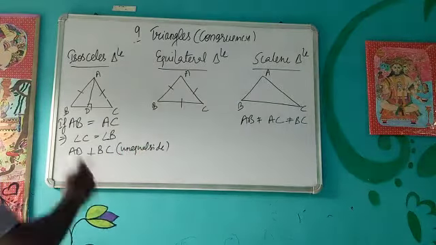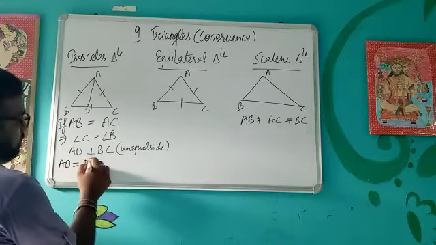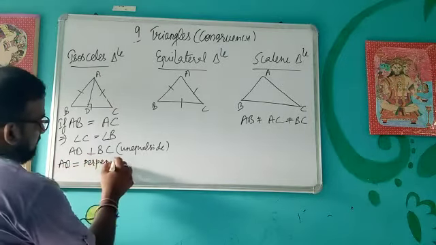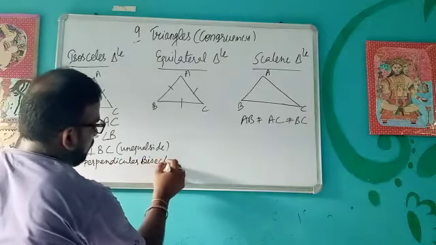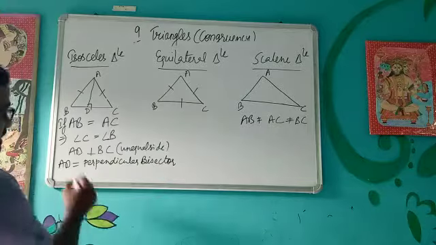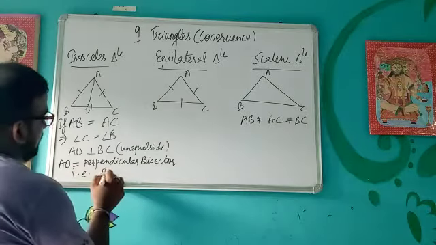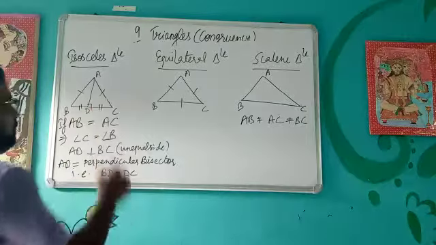If you drop a perpendicular to the unequal side, then what is AD? AD is a perpendicular bisector. Okay, so this property we will frequently use. AD becomes a perpendicular bisector, that is BD equal to DC. So these two parts will be equal to each other.